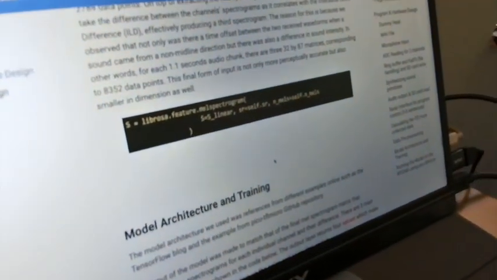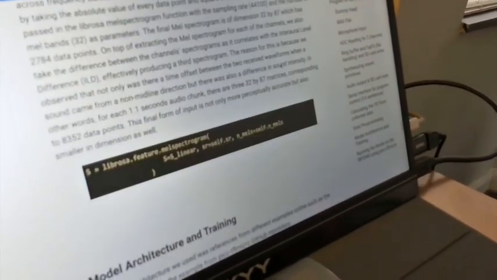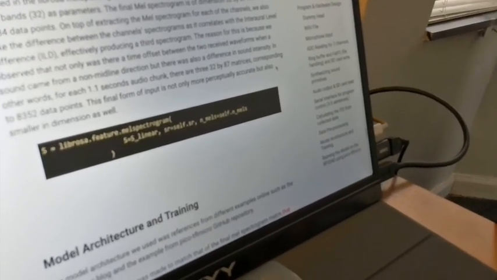And another nice thing about doing this mel spectrogram transformation is that it really reduces the dimension of the data input while also being a lot more perceptually accurate.